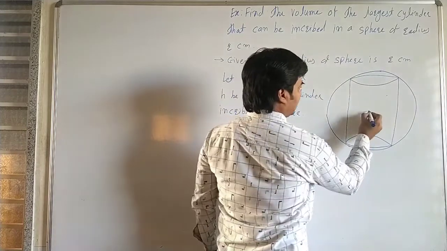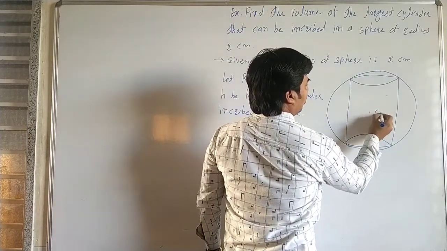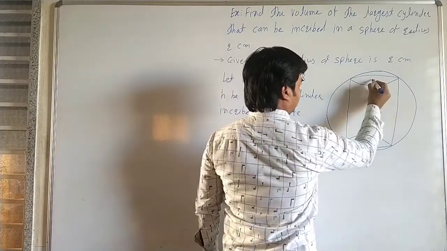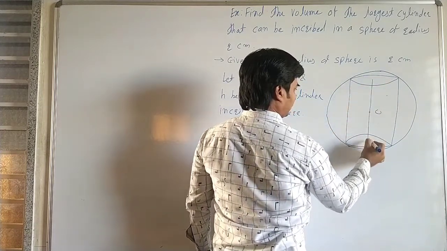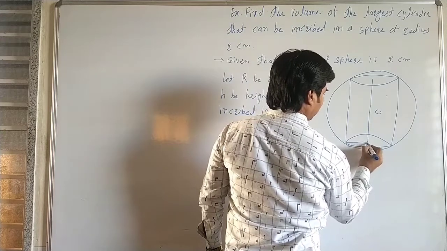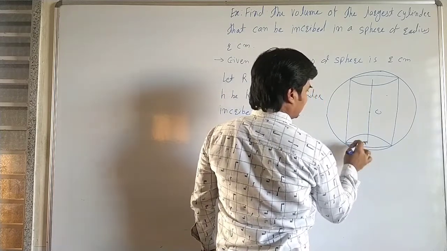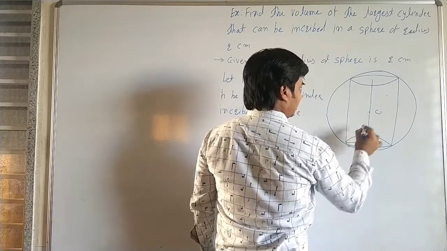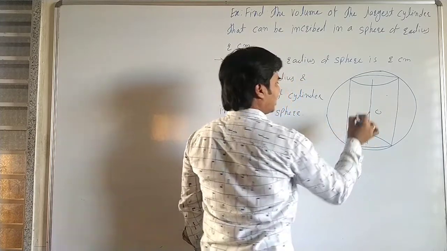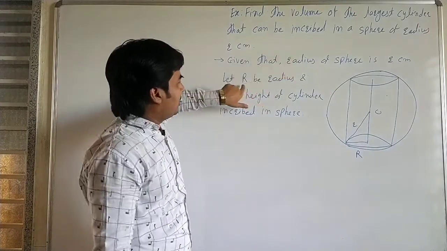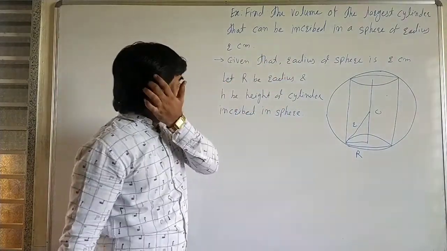O is the center of the sphere, and small r is the radius of the sphere, which is given, and capital R is the radius of the cylinder.